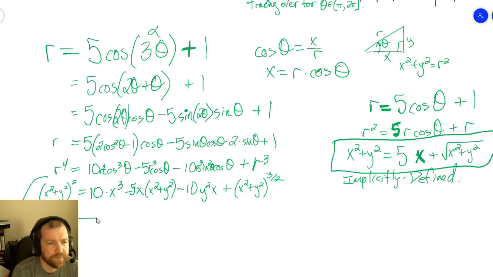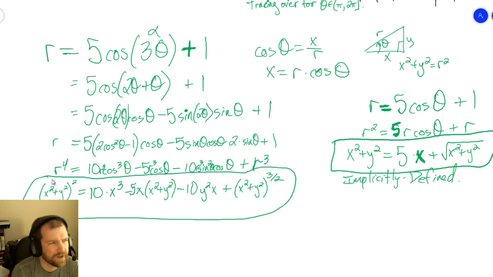It's easily doable to get it into this form, but beyond here, you're not going anywhere. You might be able to combine a few things. So this, and this, they're in a quadratic relationship to each other.